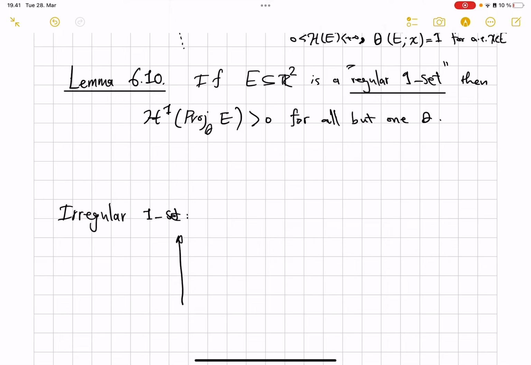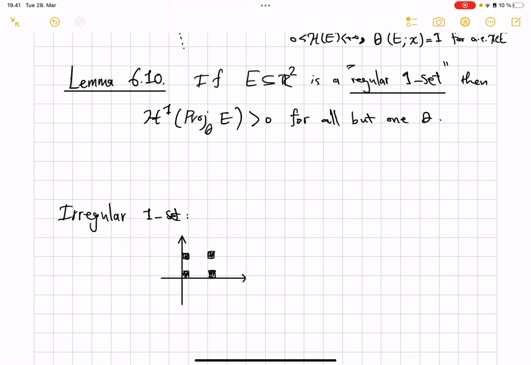An example that we started the series with was that of the Cantor four corner sets. So you had these four corners and then you kept removing from the middle and so on.